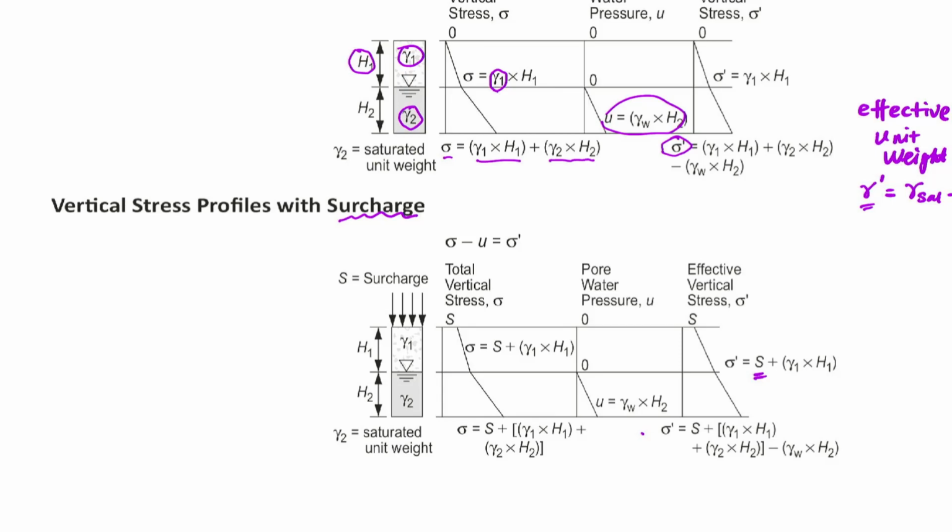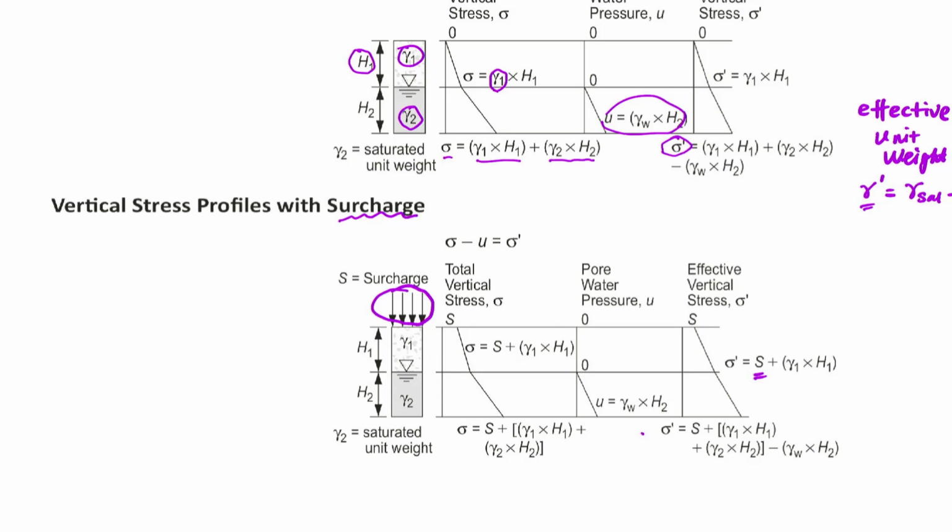But again, there's an assumption that this surcharge should be relatively wide, and you can consider this surcharge as another layer of soil with appropriate depth to generate enough stress on the contact point.